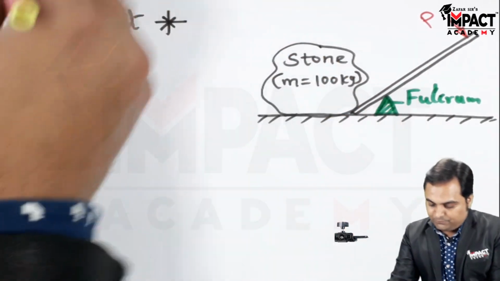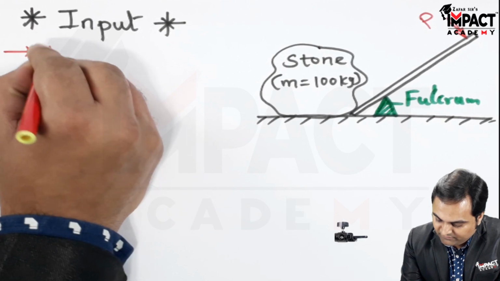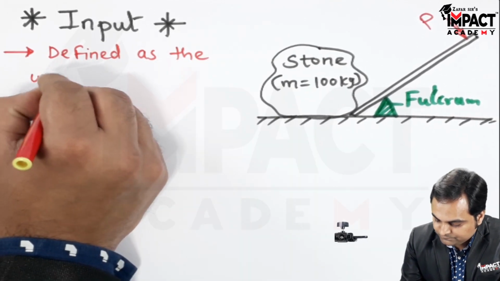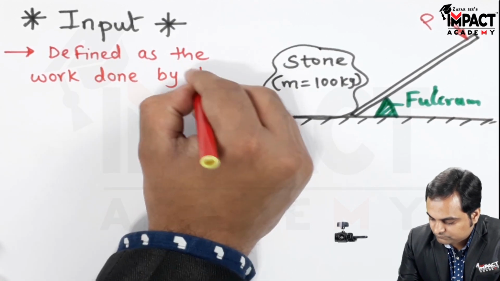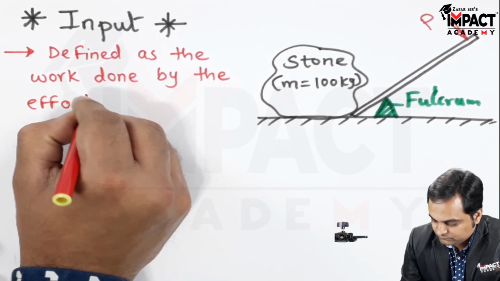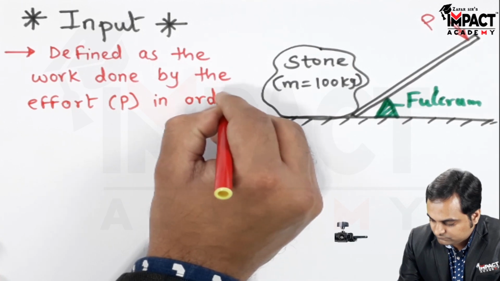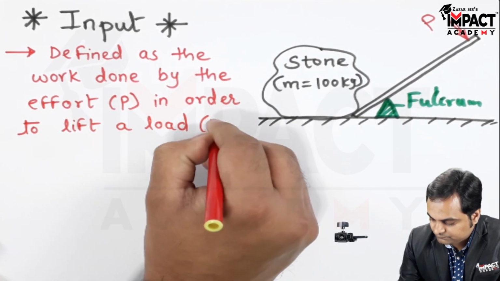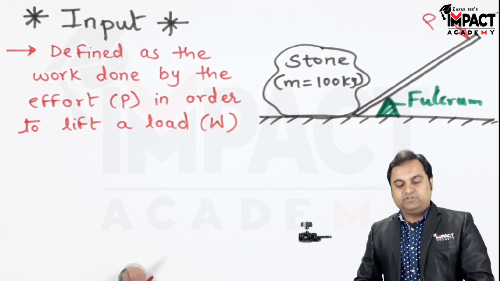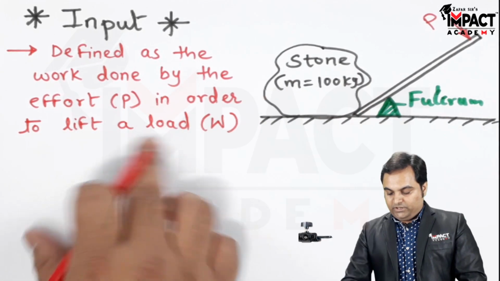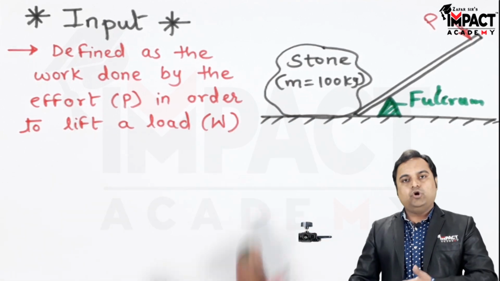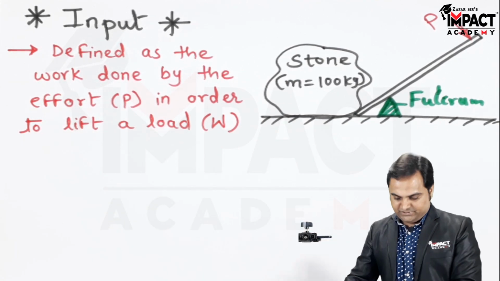So basically input is defined as the work done by the effort in order to lift a heavy load W, or to move the load by a considerable distance.